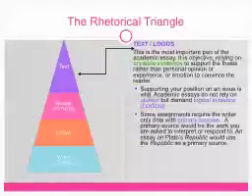We've got the text, which is logos, the reader, who again is pathos, and the writer, ethos. And then the essay forms the whole, because you can't just have the text. You've got to have who your reader is going to be, and you're writing to that audience, and who you are as a writer and your credibility.